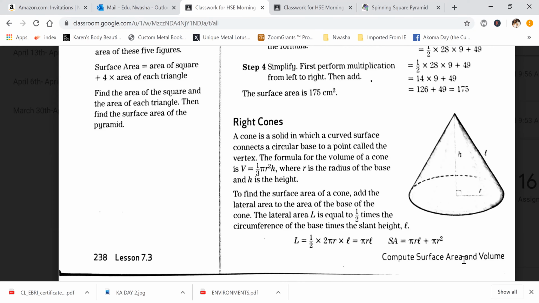And then surface area is pi r slant height, plus the circle at the bottom, which is pi r squared. So again, they're labeling it surface area because that's going to be the consistent name for all the shapes. When you're talking about surface area, you're saying, what would I have to paint? I would have to paint the bottom circle, and I would have to paint the cone part, if it's a wooden cone.